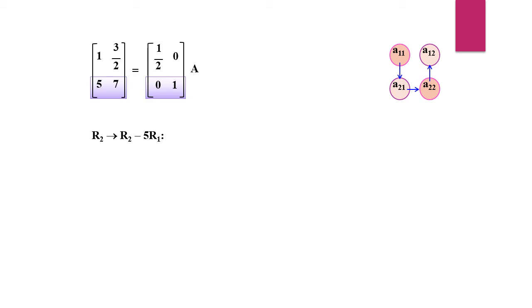Again we need to consider the corresponding elements of R2 which are subtracted from 5 times R1. Just in the rough on the side you can write down the property, that is R2 implies R2 minus 5R1, and substitute the terms. For the first term of R2 it is 5 minus 5 into the first term of R1, we get 0. Similarly, the second term of R2, that is 7 minus 5 into the second term of R1, that is 3 by 2.